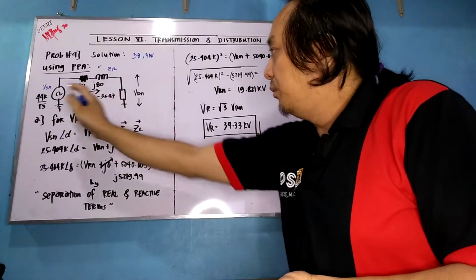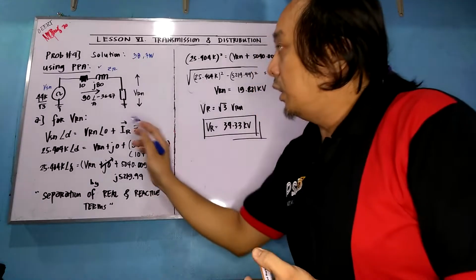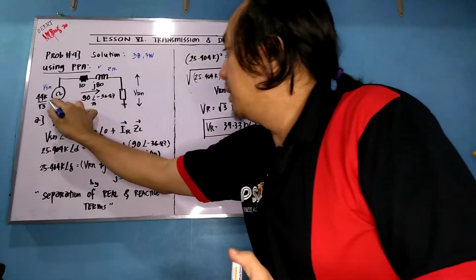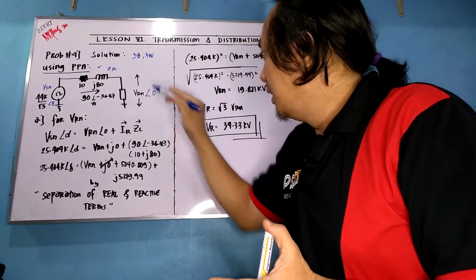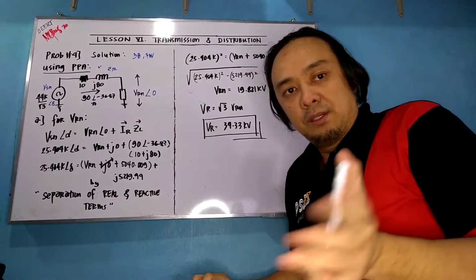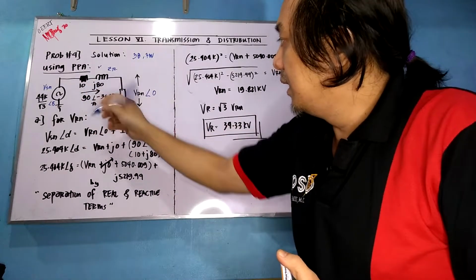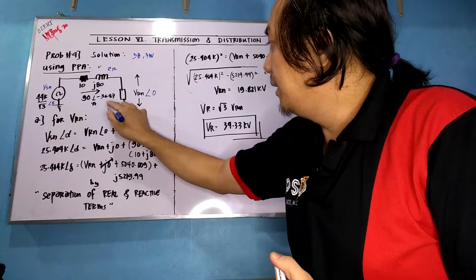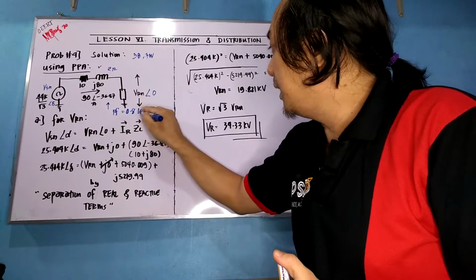Your VSN here is 44K over square root of 3 in terms of magnitude. But again, there's no angle here since we will consider the receiving end voltage as our reference. So you have here 10 plus J80. The power factor, by the way, is 0.8 lagging.